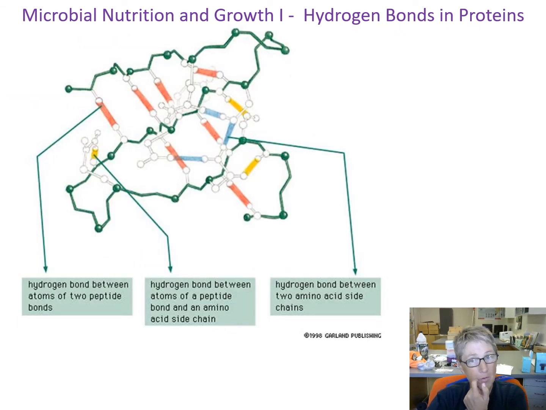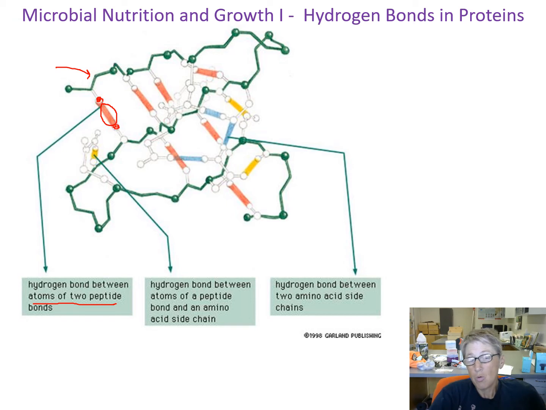So hydrogen bonds in proteins. This is a stylized protein molecule. It just shows the different hydrogen bonds in a protein molecule. You could have a hydrogen bond between the atoms of 2 peptide bonds. In this cartoon, the orange is the hydrogen bonds. So this would be an atom involved in a peptide bond and another atom involved in a peptide bond.